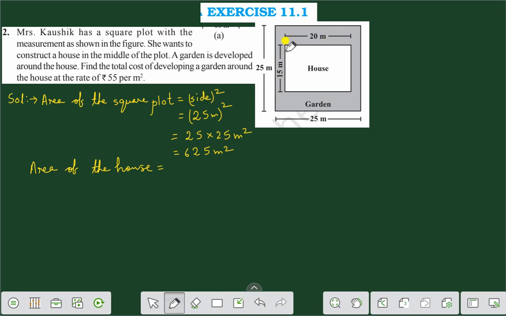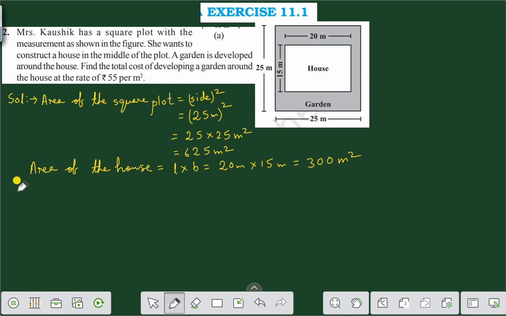Length is 20 meter and breadth is 15 meter. That is length into breadth, L into B. Length is 20 meter and breadth is 15 meter. That is equal to 300 meter square. This is the area of the house.